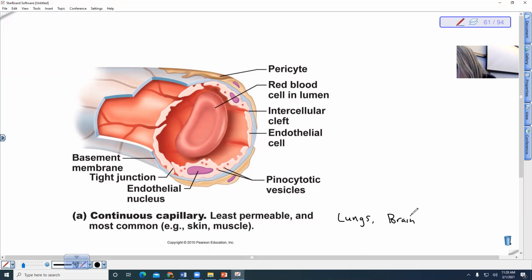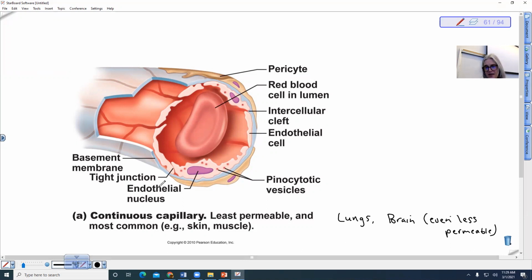When we talk about the nervous system, we often talk about the blood-brain barrier. So in the brain, these are even less permeable because there's the blood-brain barrier, which we'll talk about more when we get to the nervous system.